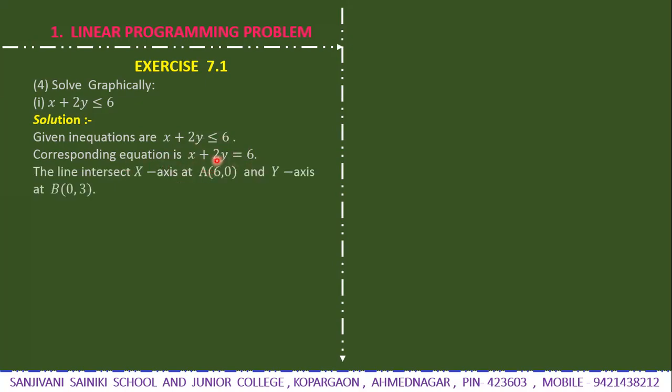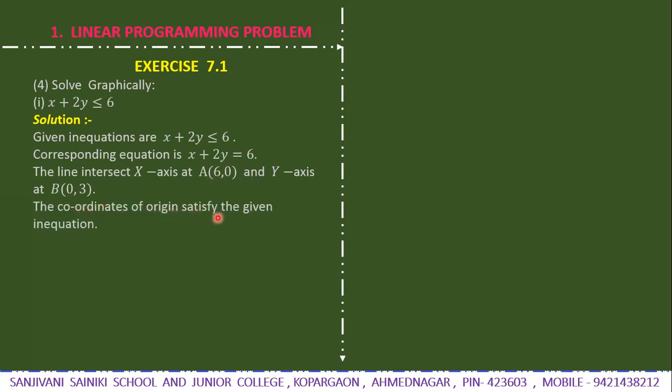So this line will intersect the x-axis at the point A and the y-axis at the point B. Now how did they find out these points? Put x is equal to 0 here. So 2y is equal to 6, so y is equal to 3. So we get the point (0, 3). Now put y is equal to 0, you get x is equal to 6. So we get the point (6, 0).